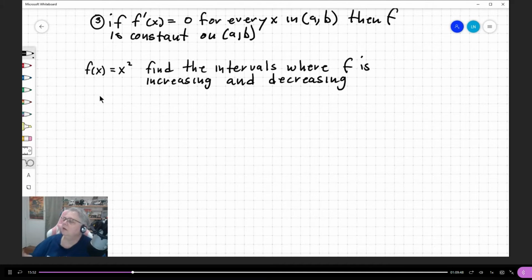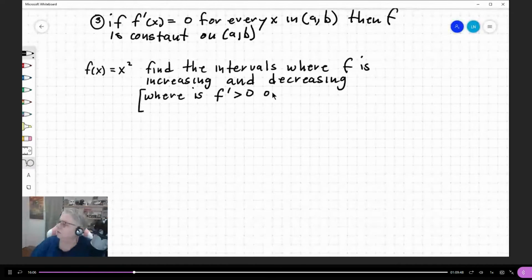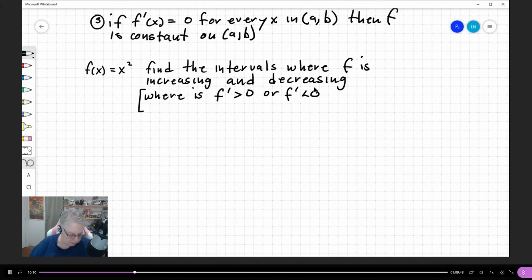Another way of saying that, so I'll put that down here in parentheses, is where is f prime greater than 0 or f prime less than 0.